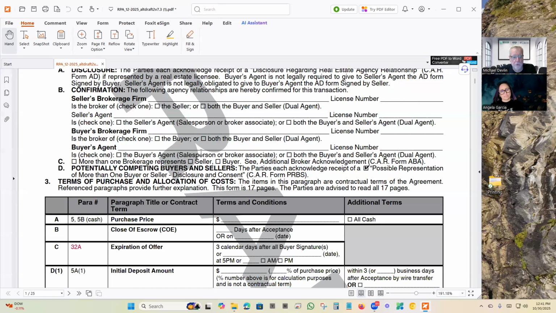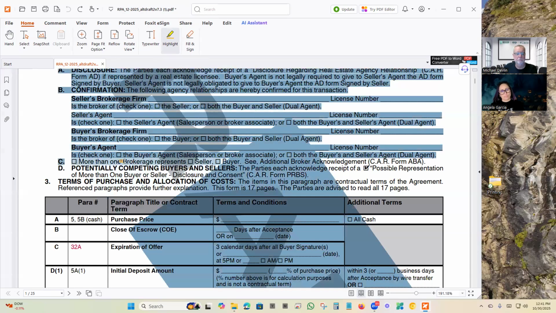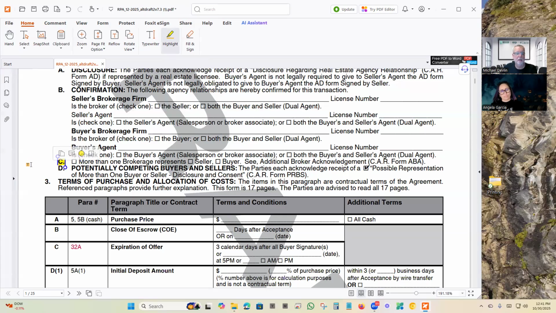Look at paragraph C. More than one brokerage represents buyer, seller. In Zip Forms, if you check any box that is connected to a form, and here's our first one, there's a reference to the agency disclosure form, but also form ABA, additional broker addendum.